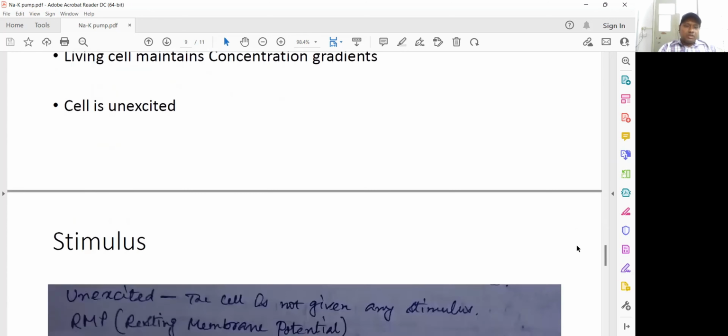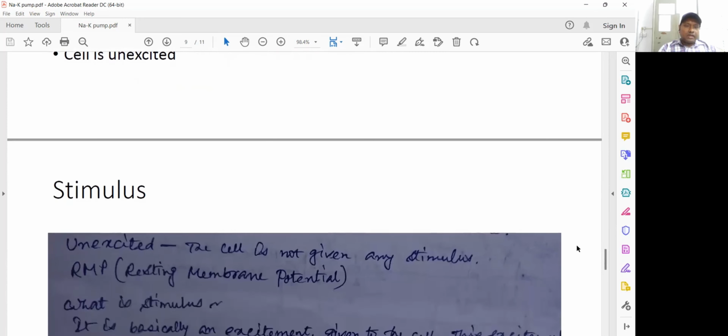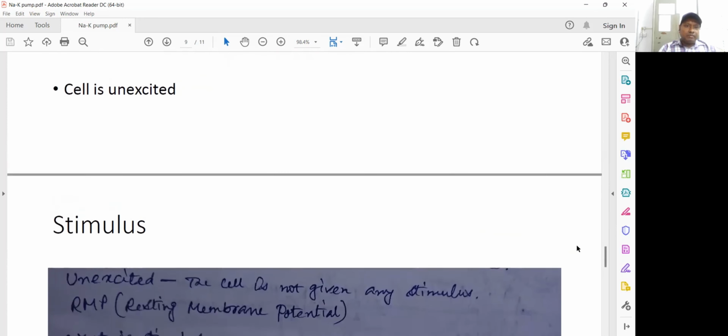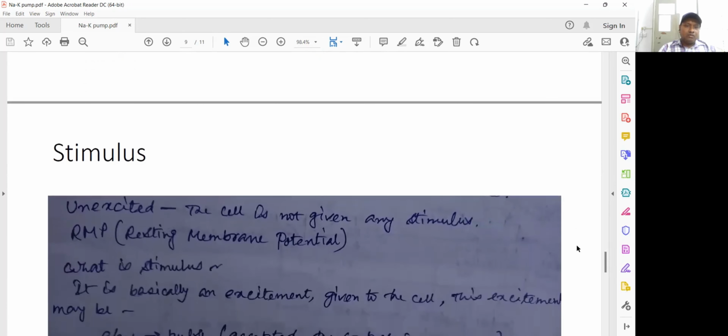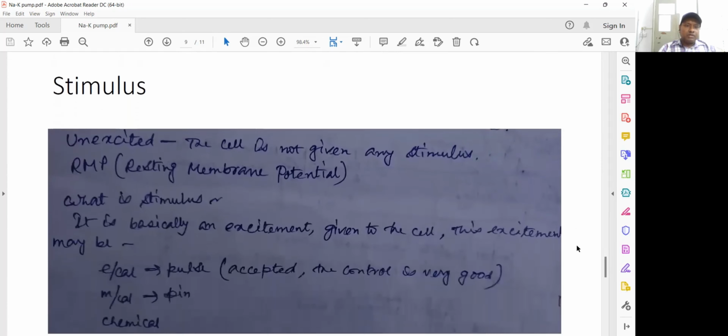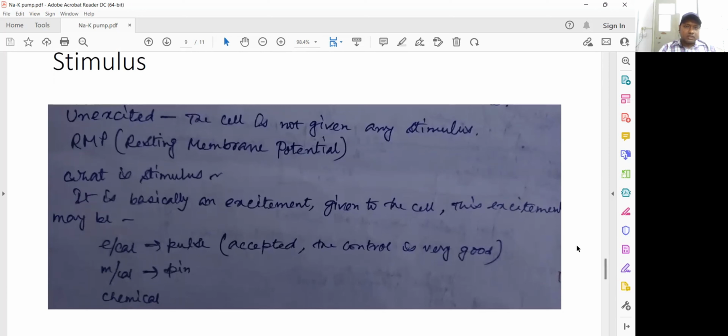Now suppose at some instant we give some excitation to the cell. How to excite the cell? We put some stimulus to the cell. What is a stimulus? A stimulus is a kind of excitation given to the cell such that the cell will not maintain its natural sodium potassium pumping.